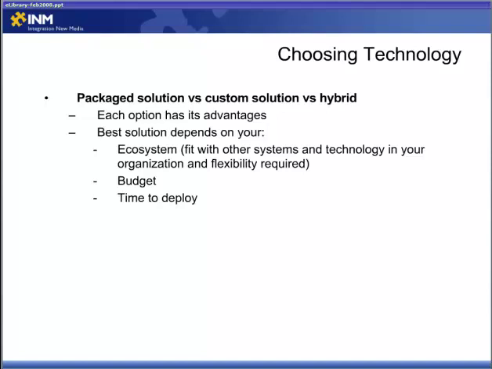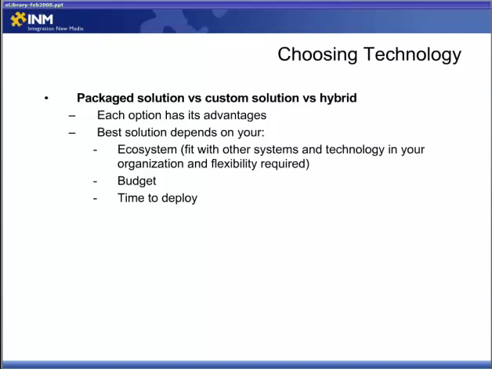And then there's the hybrid route, where you take elements of a package solution and elements of a customized solution and combine them together. What's interesting about that is that it can really collapse the development cycle by getting you to market with something sooner and allowing you to have some of that customization that makes it truly yours.